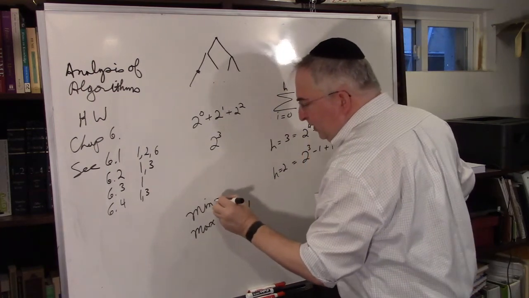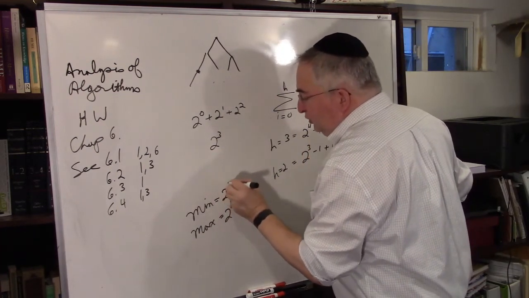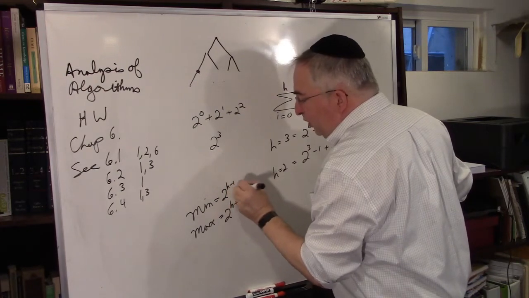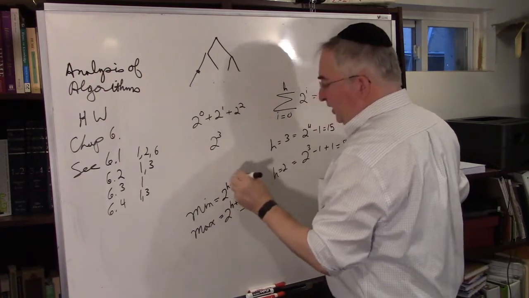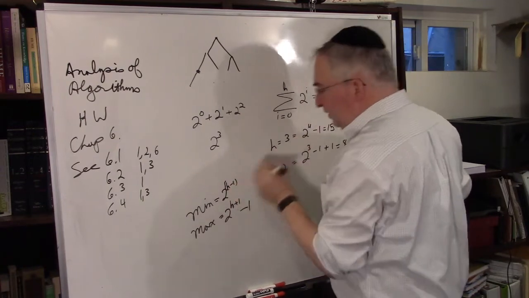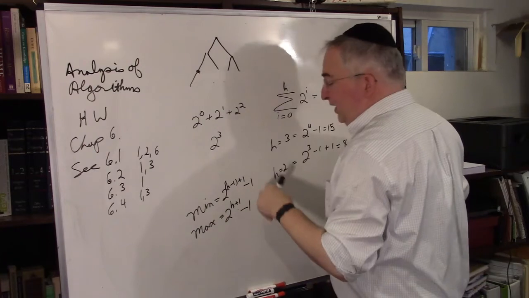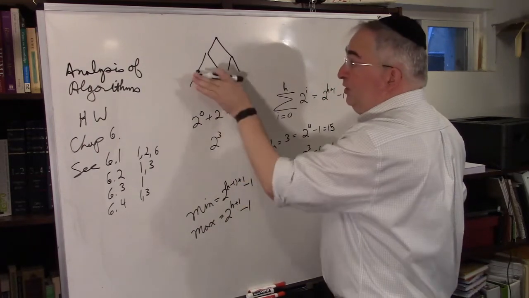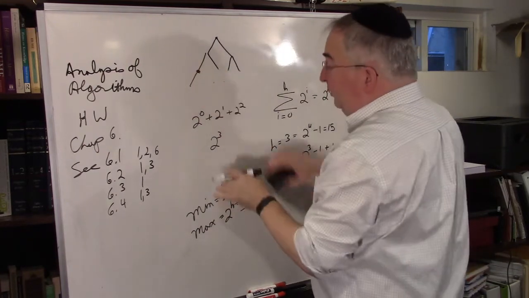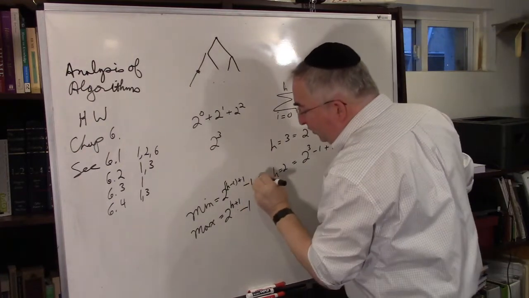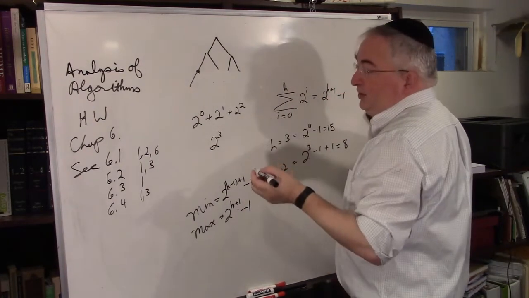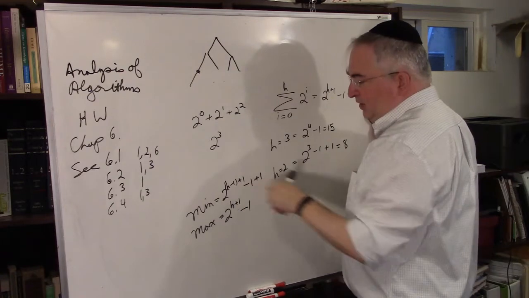The minimum is basically the geometric formula for 2 to the h minus 1 plus 1, minus 1, that's how many there are till that level, and then add one more to get the next level. So that's going to be the minimum.